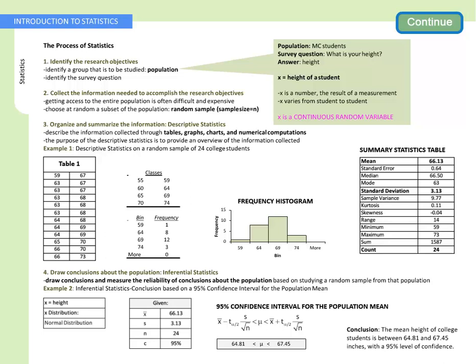Inferential statistics is the part of statistics that provides the means to draw conclusions about a population, based on studying a random sample from the population. Inferential statistics formula was used to calculate a 95% confidence interval for the population mean. The conclusion of this study is that the mean height of all Mission College students is between 64.81 and 67.45 inches, with a 95% level of confidence.